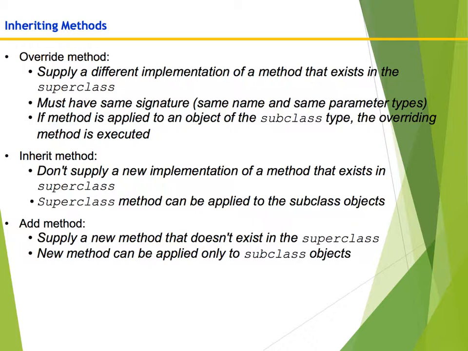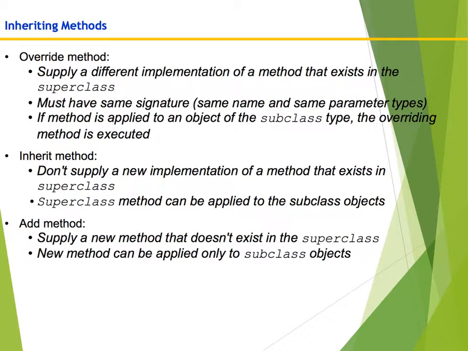If the method is applied to an object of the subclass type, the overriding method is executed. But if the method is applied to an object of the superclass type, obviously we are not going to execute the overriding. We will use the original implementation of the method.